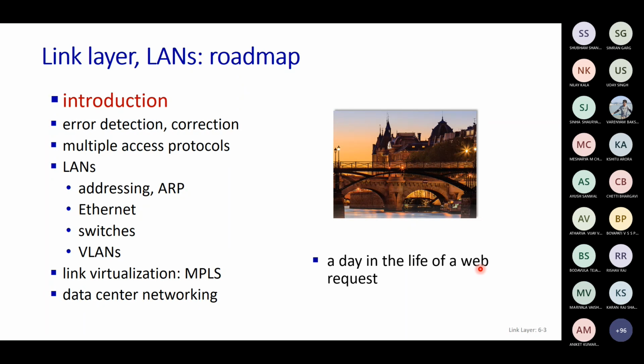So when we finish this link layer chapter, we should be able to know what happens when a web request is given out by any particular process in a system, and what the different things are that go on in that web request until it reaches its destination. So at the end of this chapter, we will get to know what happens to a web request once it's generated.